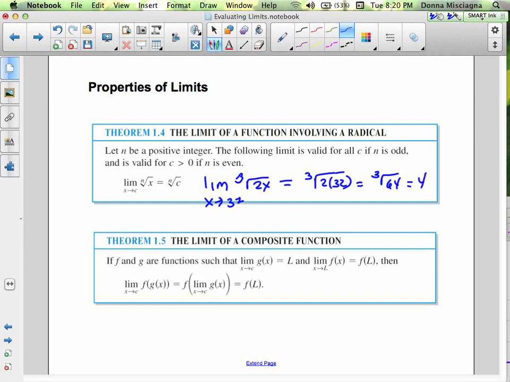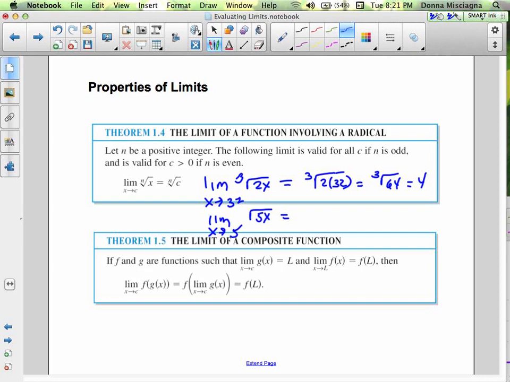No problems plugging in if it's an even radical, so long as it's greater than 0. So if I have x approaches 5, the square root of 5x, that would be fine.